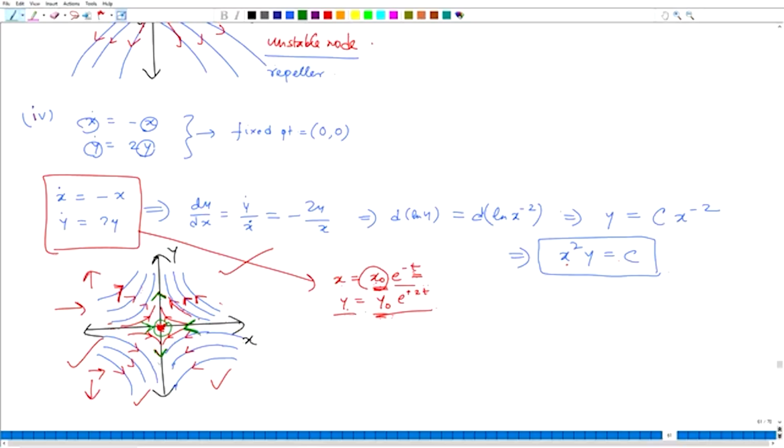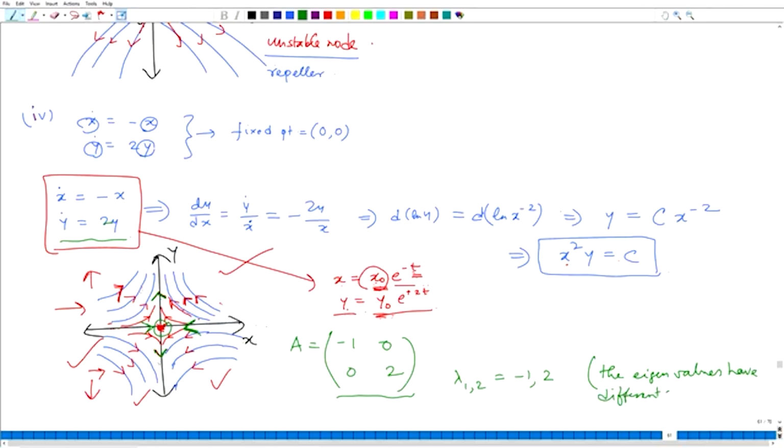Whenever you have this type of position, first of all you will check what the eigenvalues of the coefficient matrix are, and here the coefficient matrix is given by -1 0 0 2. So its eigenvalues are -1 and 2. So lambda 1, 2 are -1 and 2, and so the eigenvalues have different signs.